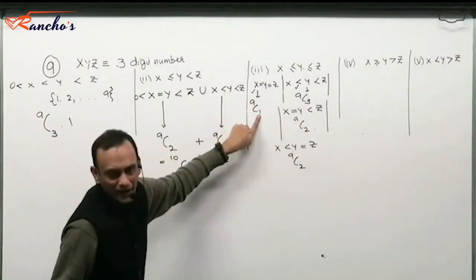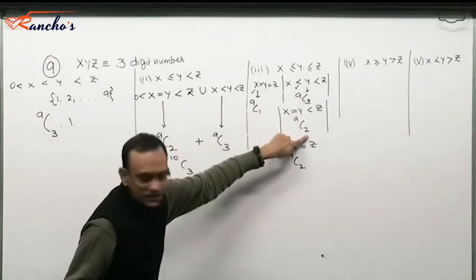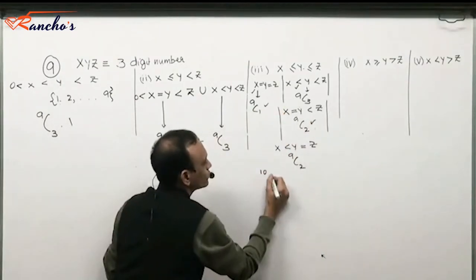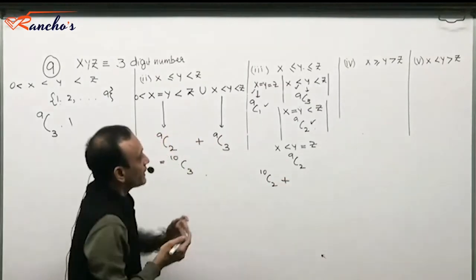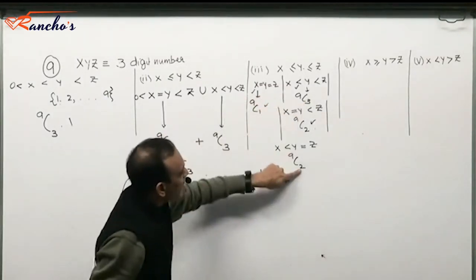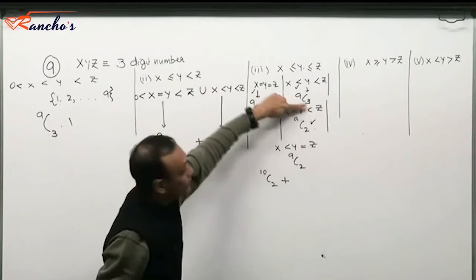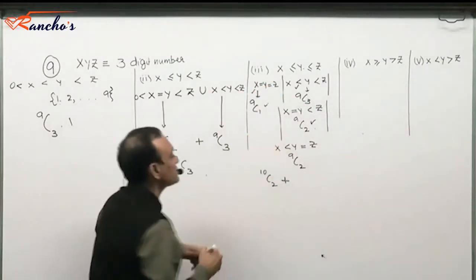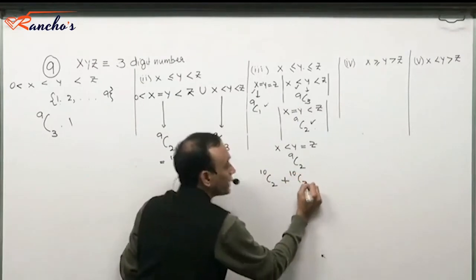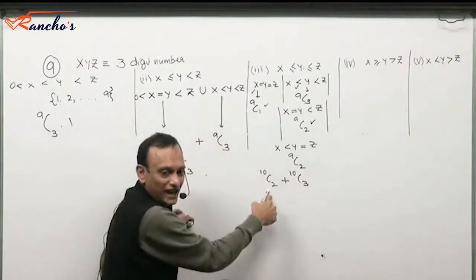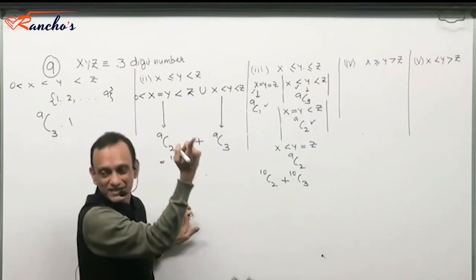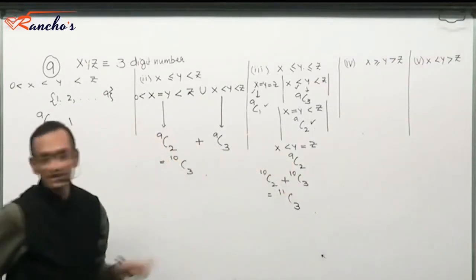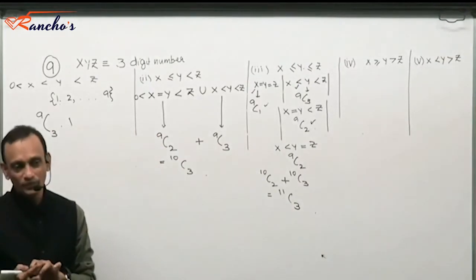When I add this and this, that will give me 10C2 plus, and then this and this will give me 10C3. But again, nCr plus nCr minus 1 will be n plus 1 Cr. So that's going to be 11C3. Yes or no?